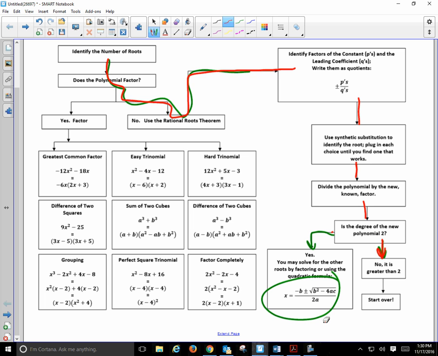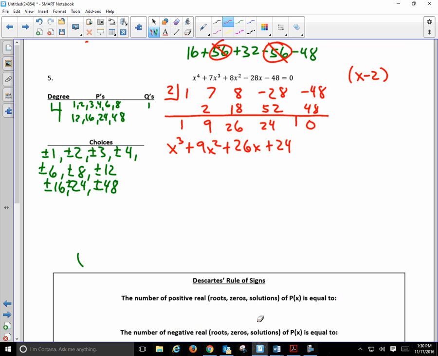But there are some things that we can eliminate pretty quickly here. First of all, 1 and negative 1 did not work, so we can eliminate those from our choices. Second of all, our last number is 24, so what else can we eliminate? 48 and 16. We'll pretend you didn't say 3.